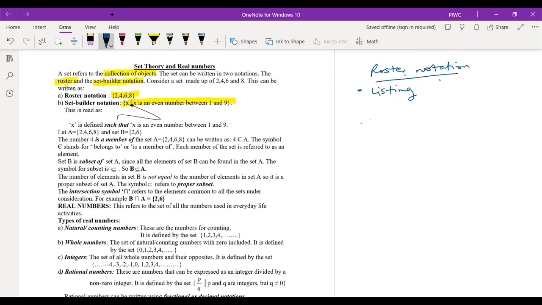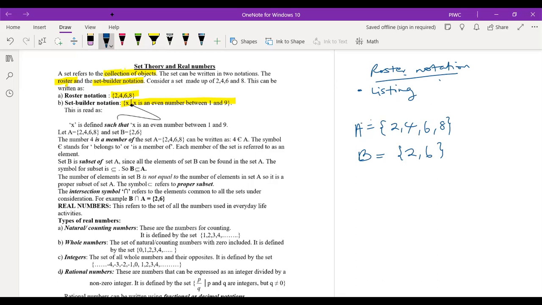Let's say A is made up of a set of numbers 2, 4, 6, and 8. And the set B, let's define that by a set of numbers made up of 2 and 6. Now we say that 4 is a member of the set A.